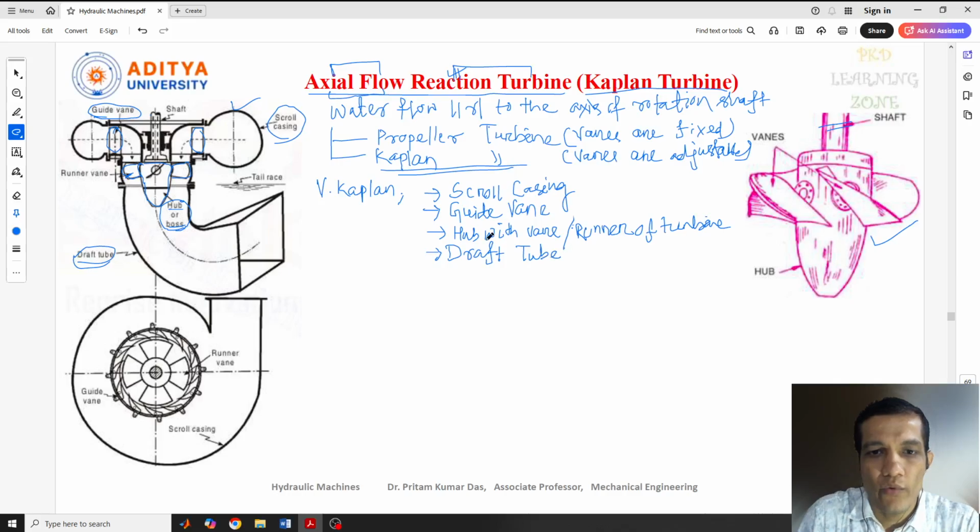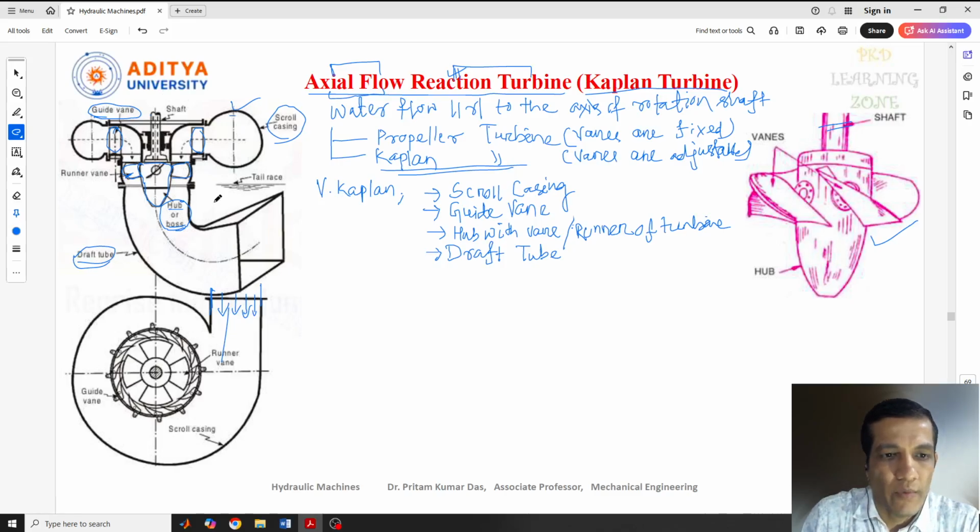How will these components be involved in the working of the Kaplan turbine? Now we'll discuss. As I told you, this is the top view of this turbine. This is our entry part of water or fluid which is coming here. This is the scroll casing, as mentioned here.